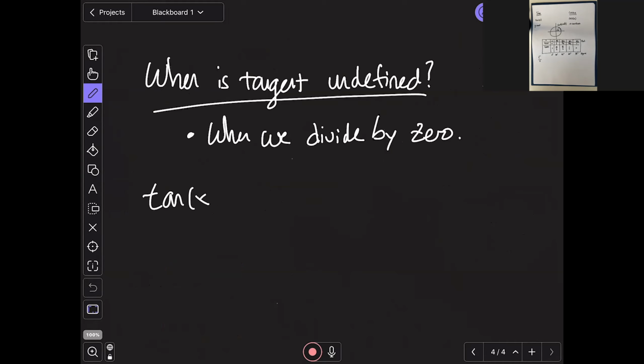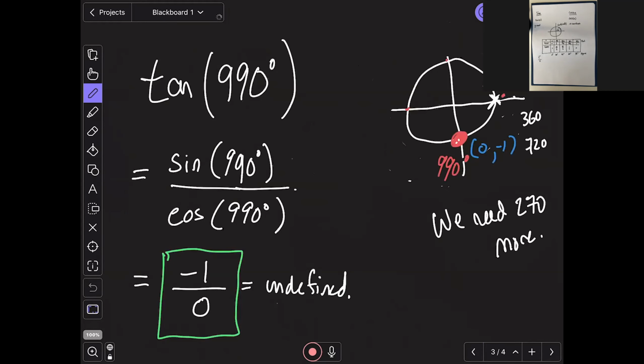Tangent, we said, was sine over cosine. Going back here, notice that the division by 0 happened here. This thing right here caused us to divide by 0 when cosine was 0.